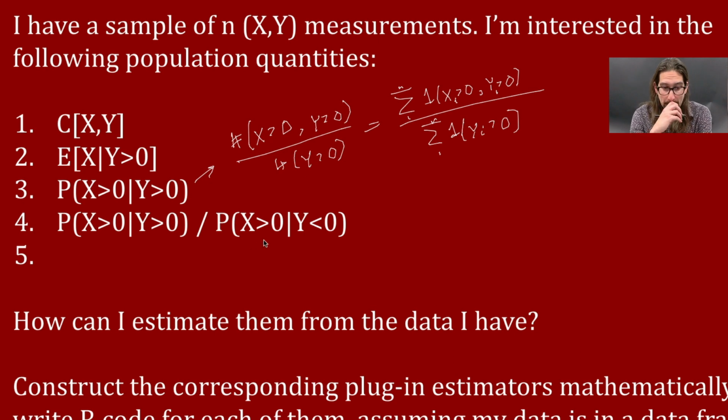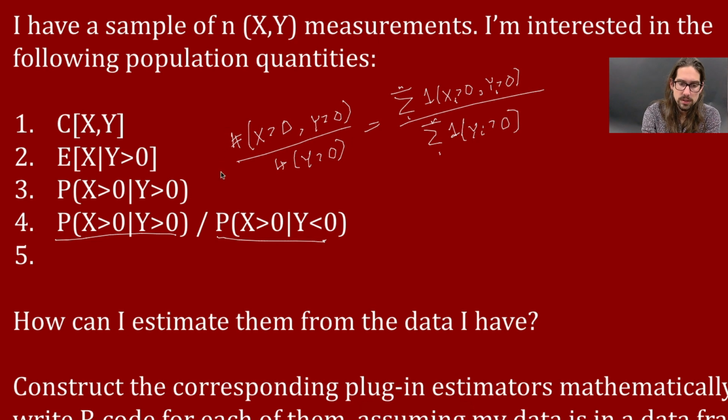This one, same thing, right? Let's break it down. How would I compute that number? It's exactly what we already did up here. The only difference is that this one you have to divide. The numerator is different, and it's not y greater than, it's y less than for this other version.